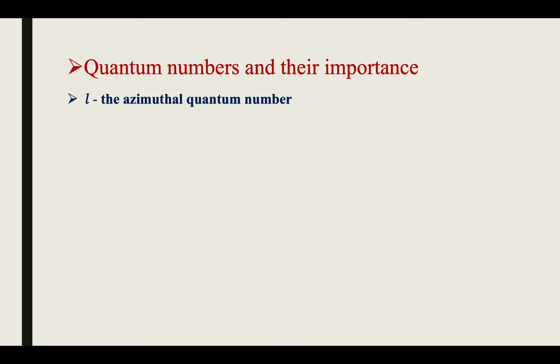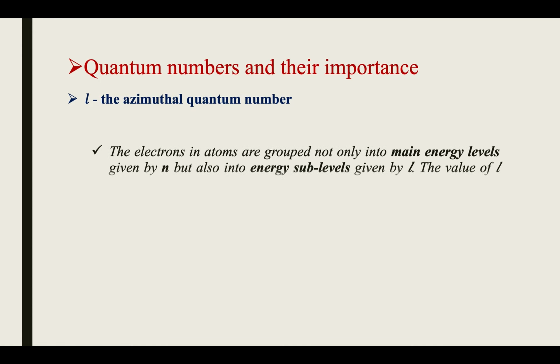But the energy associated with the angular momentum of an electron must be well within its total energy determined by n.